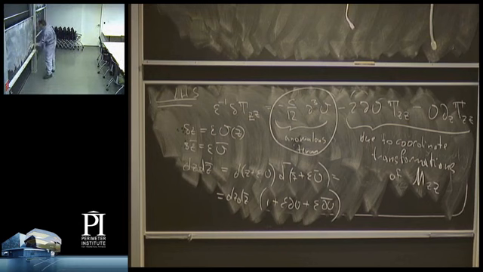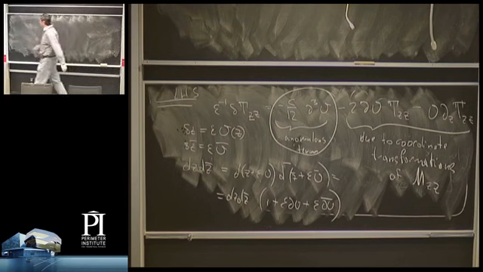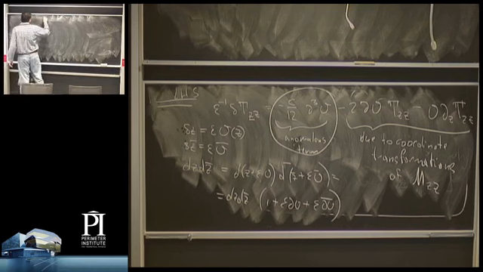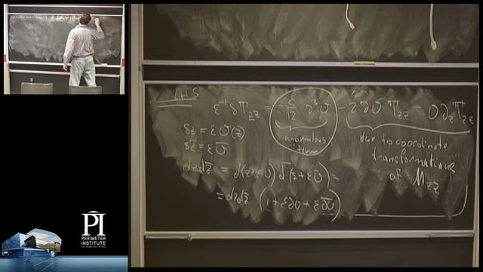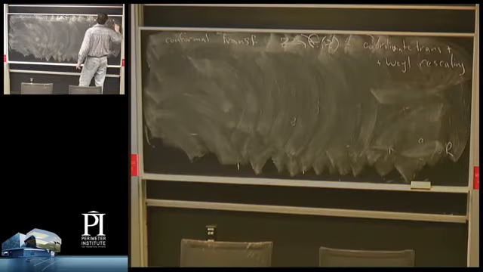We actually talked a bit about this before, but a conformal transformation, when z goes to some function of z, is actually equivalent to a coordinate transformation plus a Weyl rescaling.